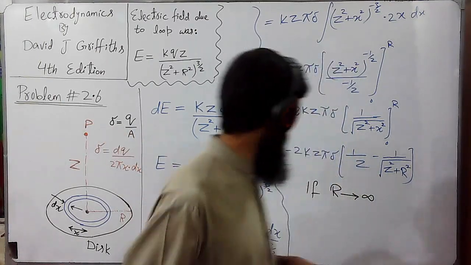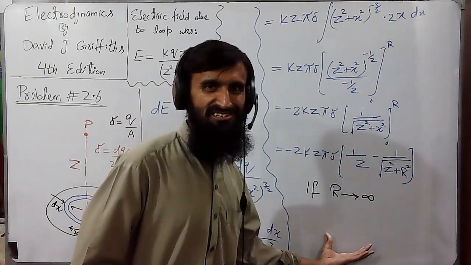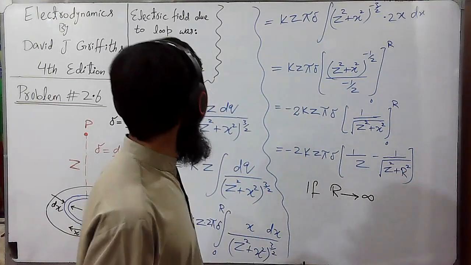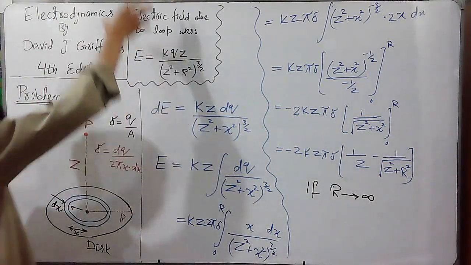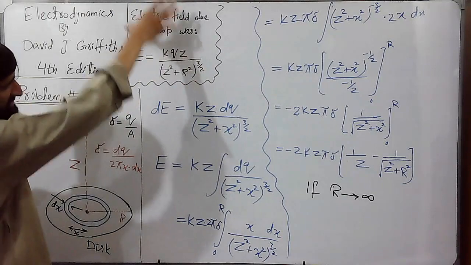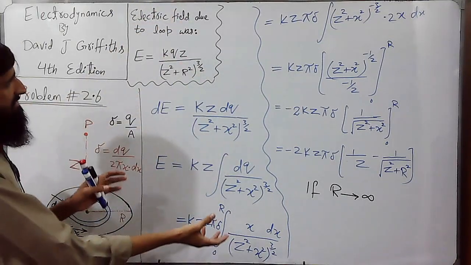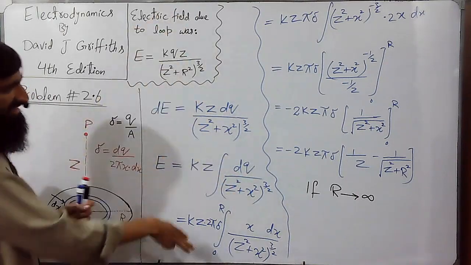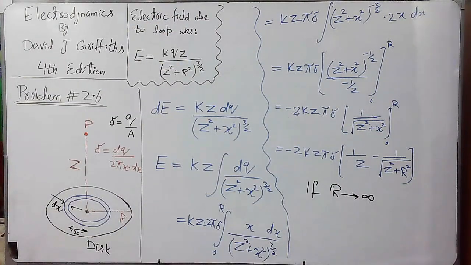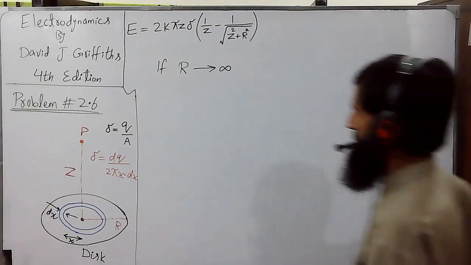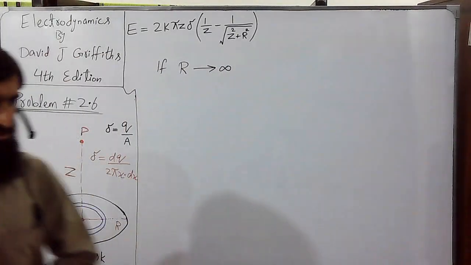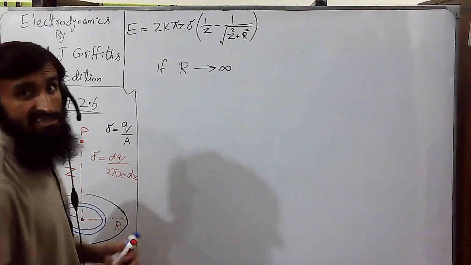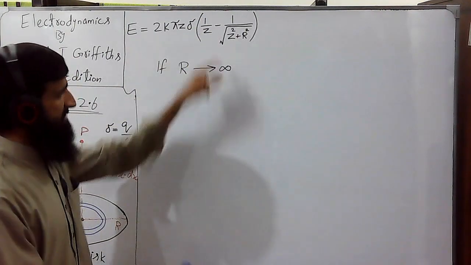Let us calculate. Because I have a shortage of space here, I cannot complete it here, so I'm going to remove this one, and then I will calculate for that special case in this space. Now let us discuss that special case, and the electric field I've just calculated is written here.